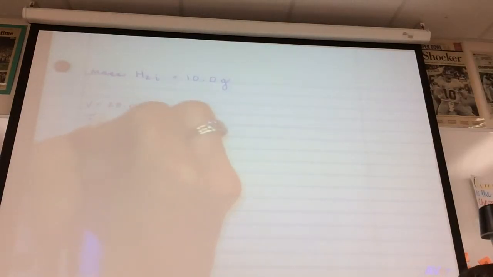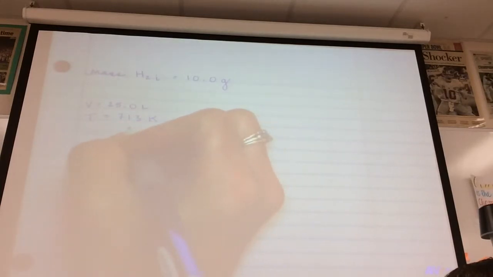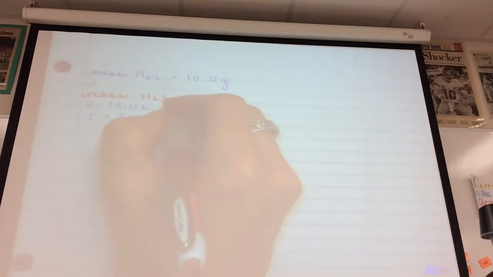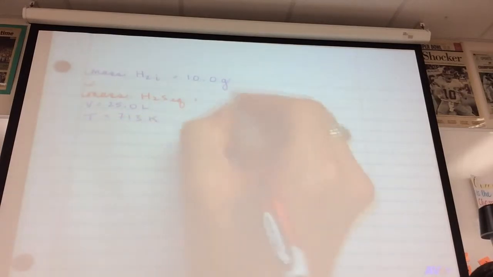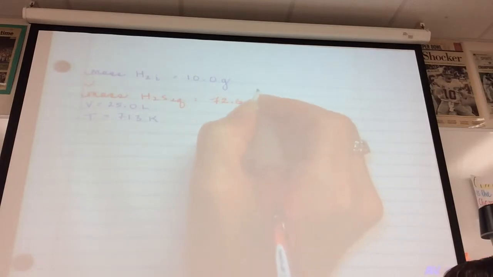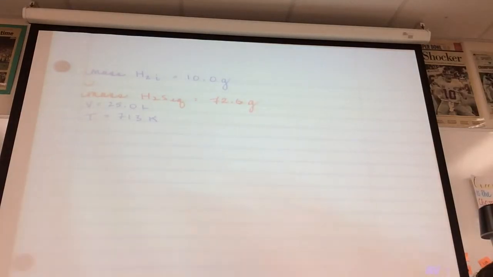We know the temperature is 713 Kelvin. At equilibrium, we know that the mass of hydrogen sulfide gas at equilibrium is 72.6 grams. We want to know the value of Kc.